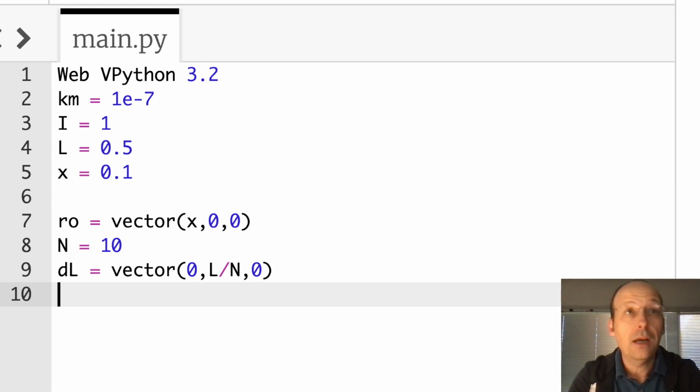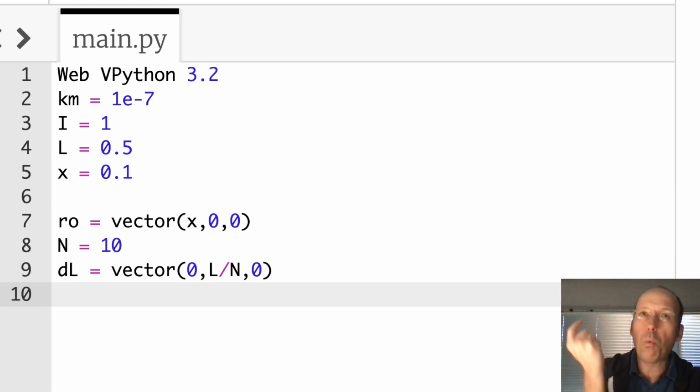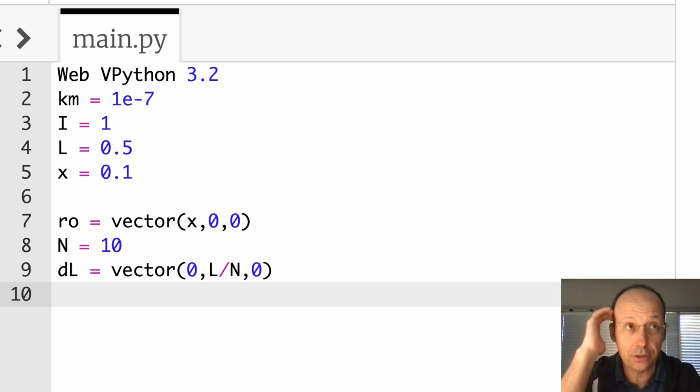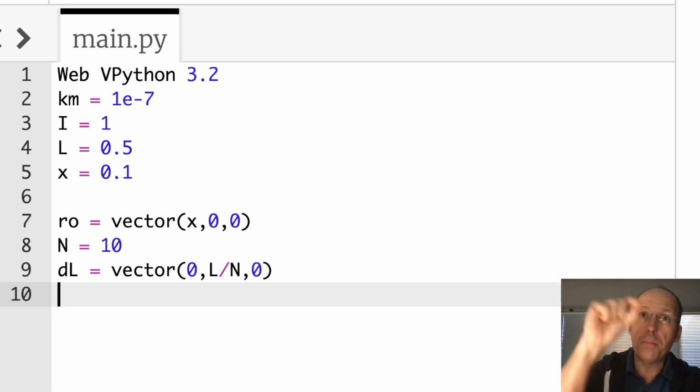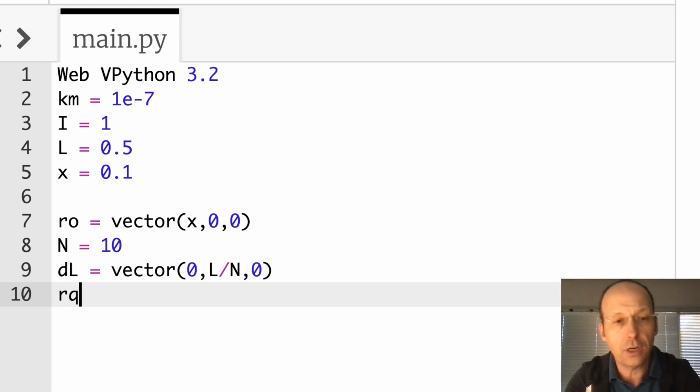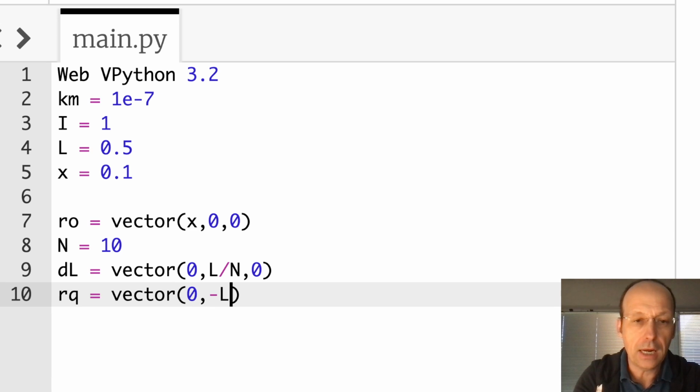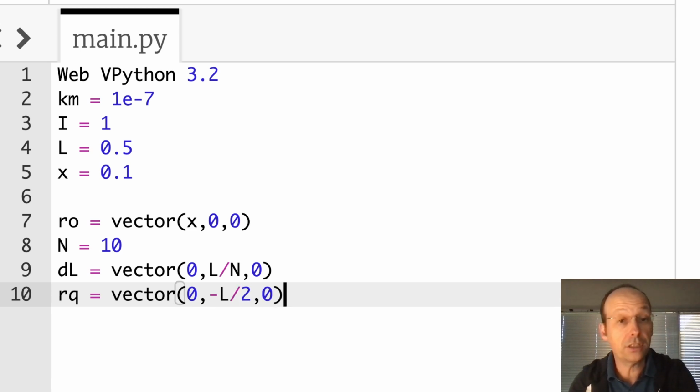That's really nice. Okay, let's go ahead and make our wire, which you don't actually have to do, but I'm going to make a visual representation of the wire so that we can see that it's working. I'm going to start off at negative L over 2. I'm going to move up DL until I get to L over 2. So I'm going to call this RQ equal to the vector 0, negative L over 2, 0. That's where it's going to start.